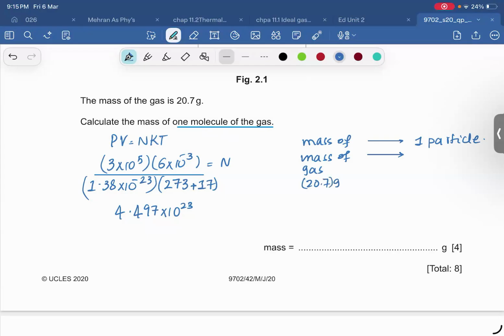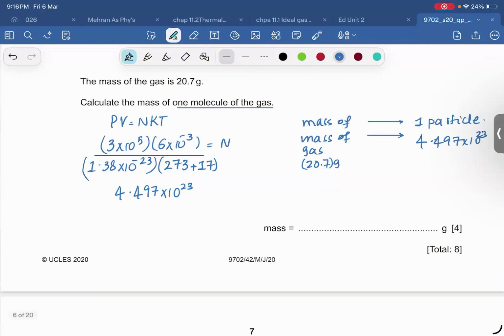It corresponds to 4.497 exponent 23 particles. So to find the mass of one particle you just need to do cross multiplication, and you'll get the mass.